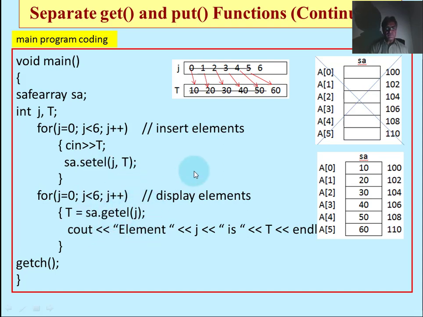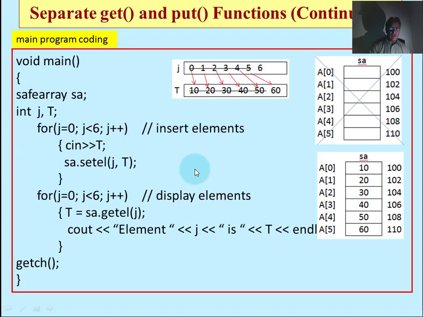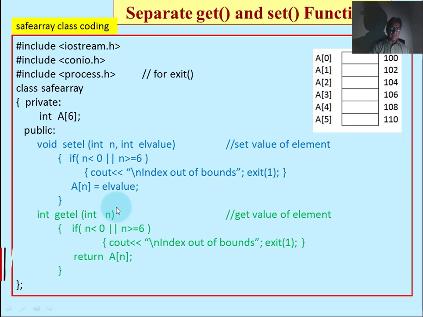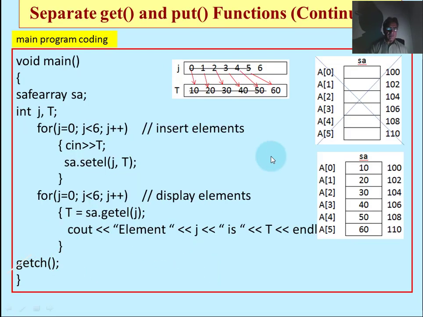Similarly, this function will call the get element function, that is this green color function, and this green color function will check the value, because we have passed the value of j.